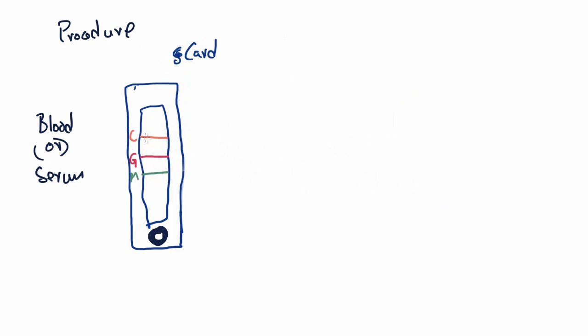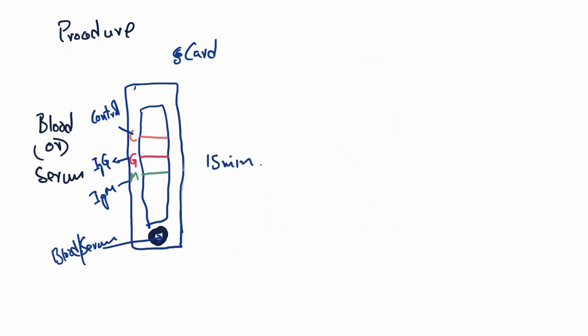The first line represents control, the second represents the IgG component, and the third represents the IgM component. So what do you basically do? You add blood or serum in this particular receptacle, and you wait for 15 minutes.